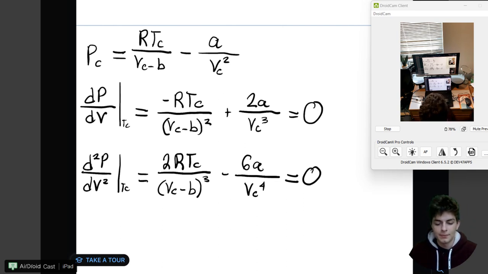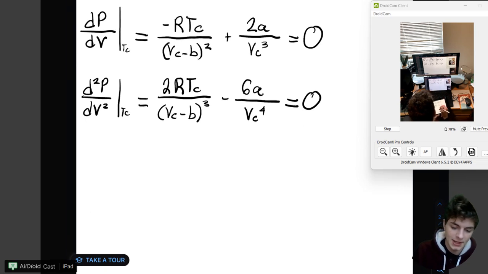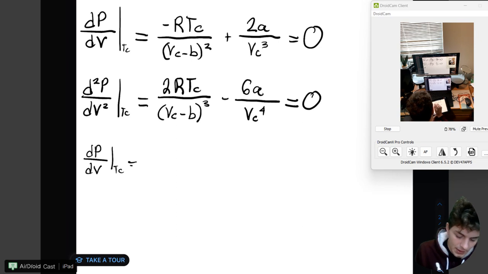Now, from the observation that these are equal to 0, we can rewrite both of our derivative equations there. We'll go ahead and write the first one like this by moving over this term to the other side of the equation.